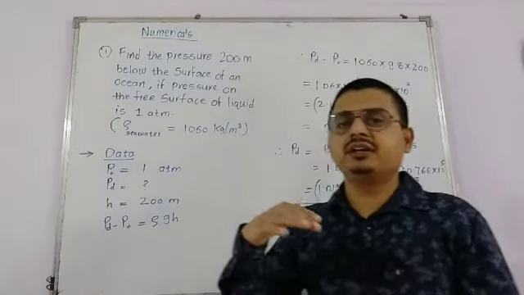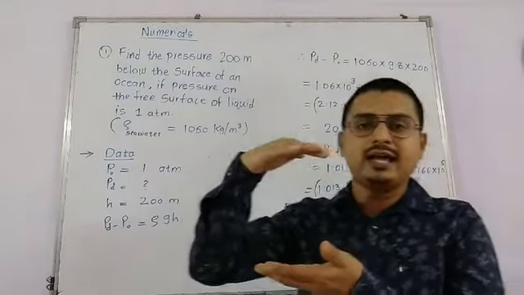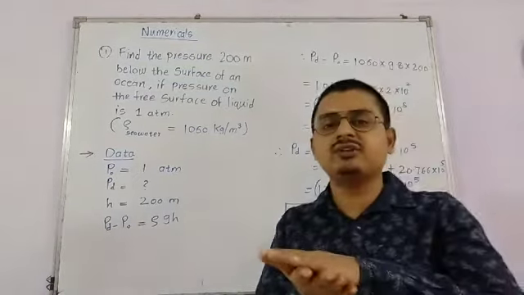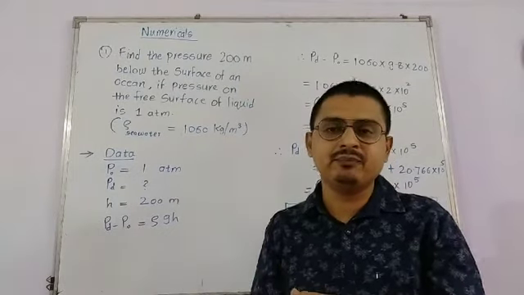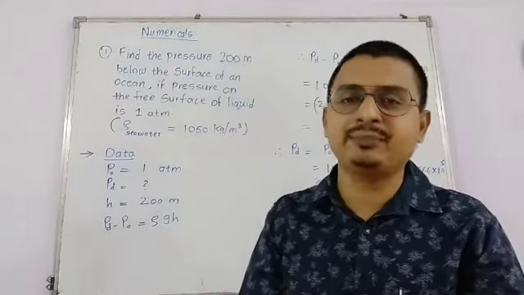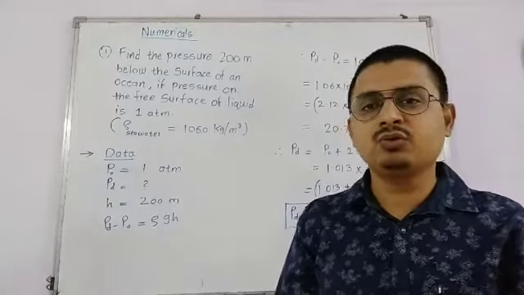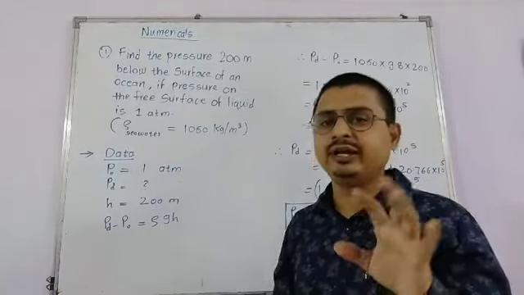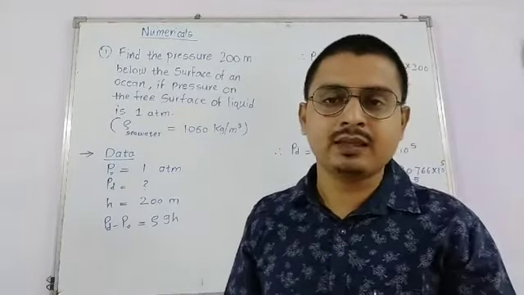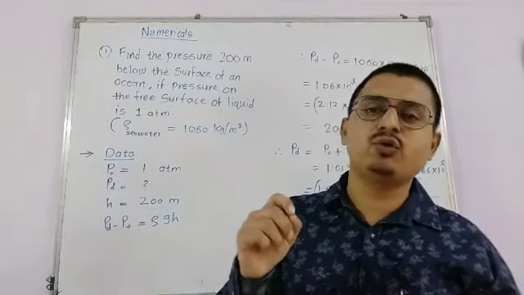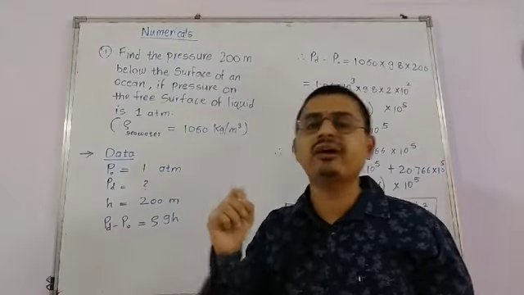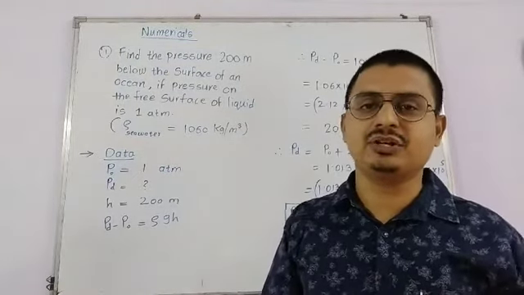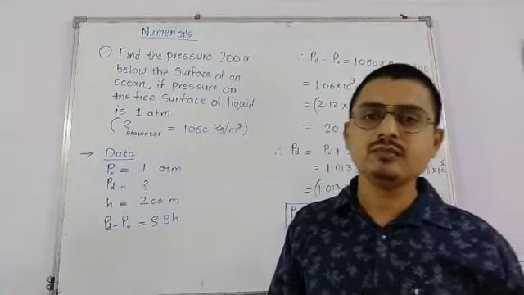If we consider the ocean as a tank reservoir and the pressure on the surface of the liquid is 1 atm, 1 atm means 1 atmospheric pressure, whose value is 1.013 into 10 power 5 Pascal or Newton per meter square. That is the pressure of 1 atmosphere.